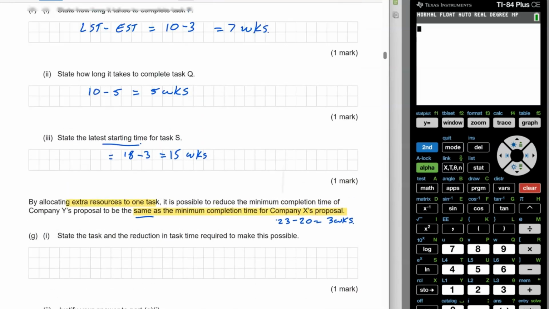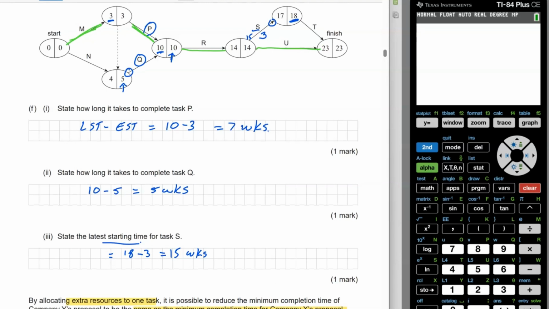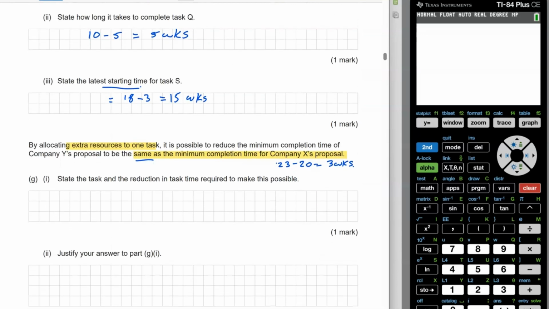If we're looking through our network here, what's always going to be on that critical path is R. So that's the task that I'm going to choose to reduce, and I'm going to reduce it by 3 weeks.